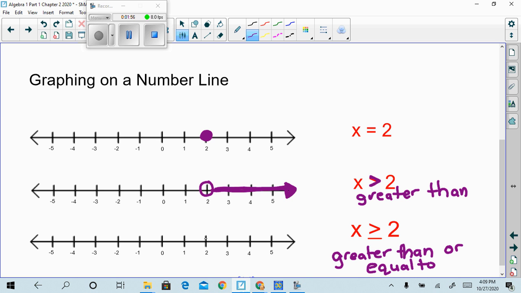So in this case, if equal to is a solid circle, then this includes this number 2 and everything greater than. And we should also recognize that the less than would go in the opposite direction. But I just really wanted to focus on the point that a closed circle represents including that number, whereas an open circle just states that it's everything going into the infinity of that direction.